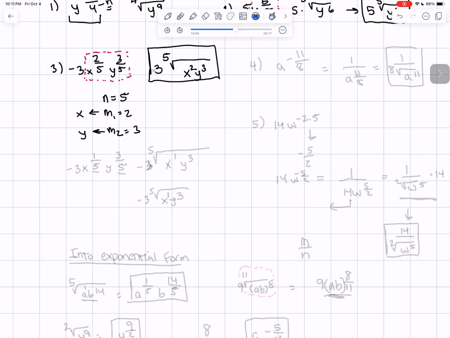So that's how you solve this one. But let's do an example of if it was just 1. Let's do the same example: x to the 1 over 5, y to 3 over 5. Negative 3, oh, I forgot the negative here. You would do the same exact thing.